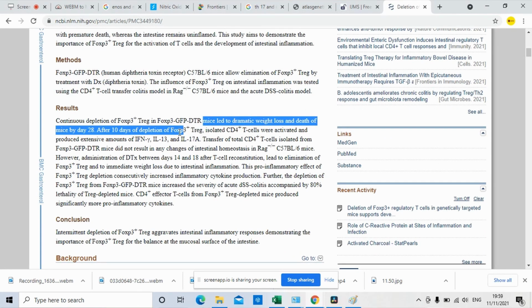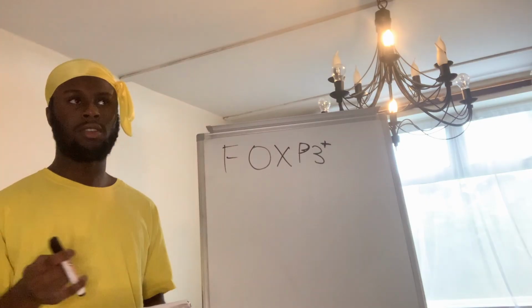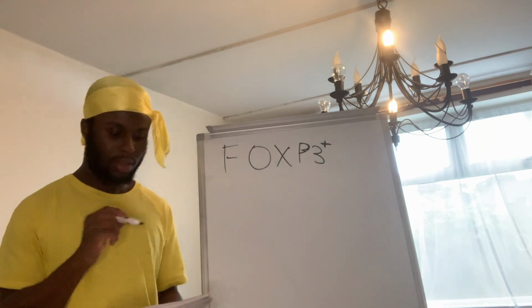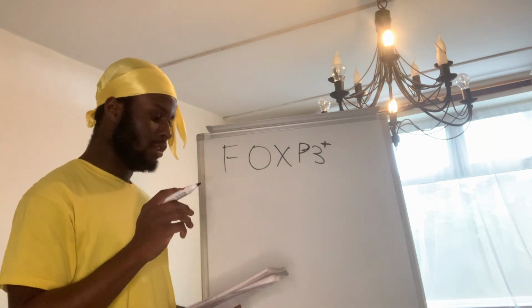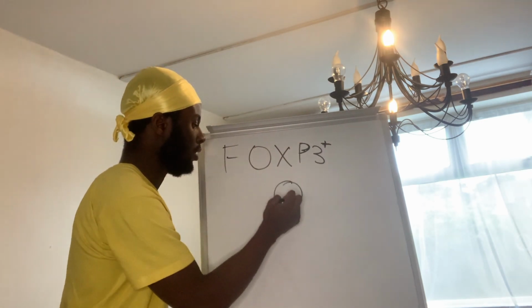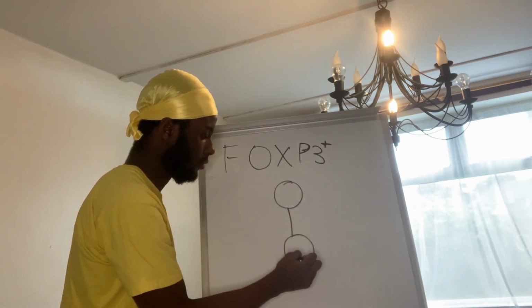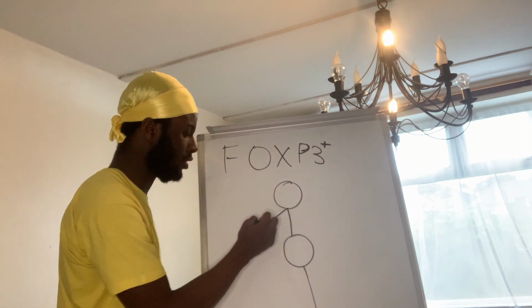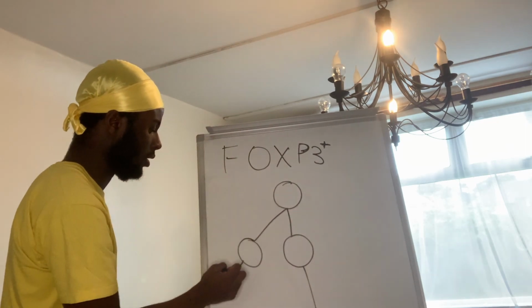So the environment is also important for foxp3 T cells, because depending on what environment it is in, it can change into either a T regulatory cell or a Th17 cell.